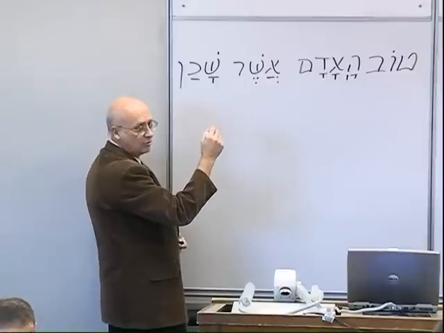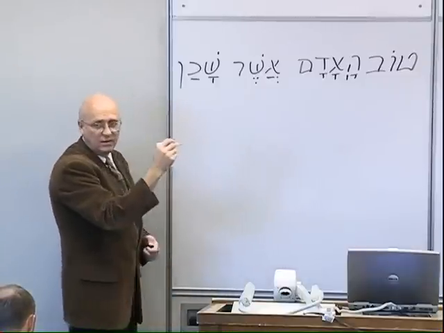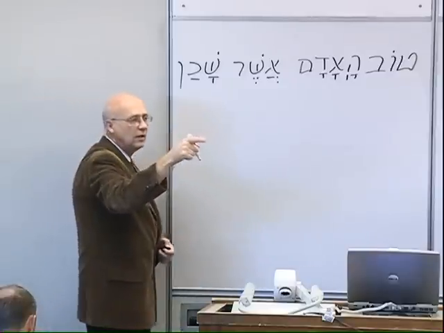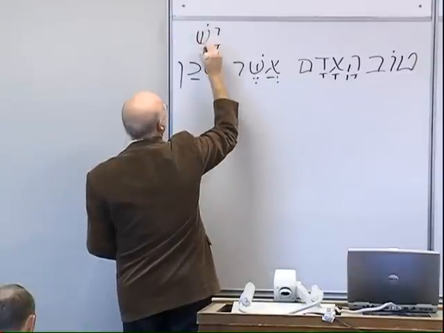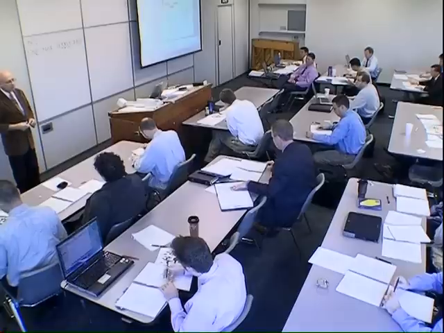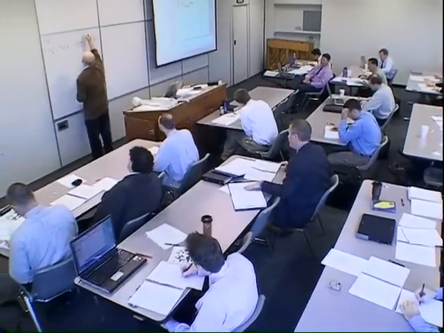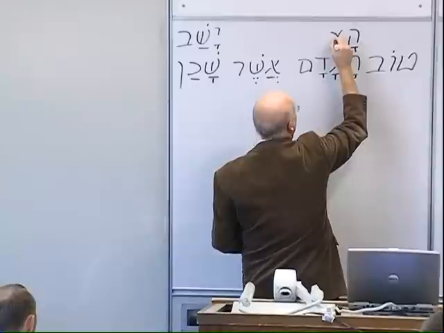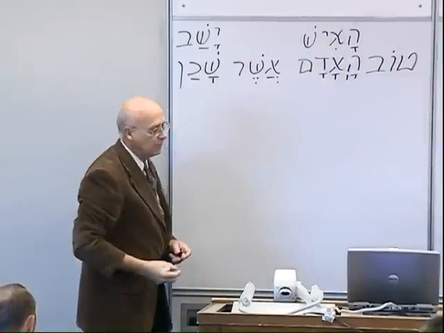What other verb can we use that we've learned? Yashav. Yashav means to sit or dwell. Either one of these will work. All right? You can use either one. So we've got two options here.